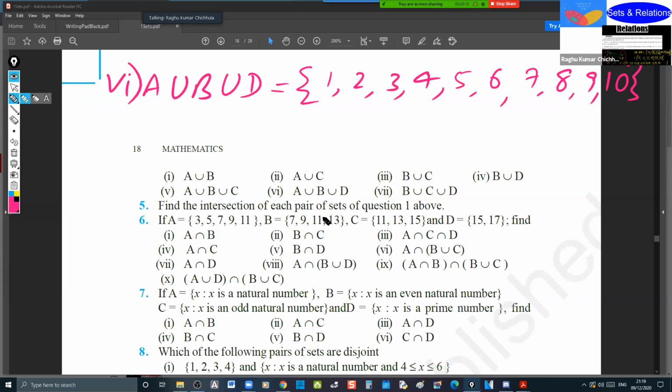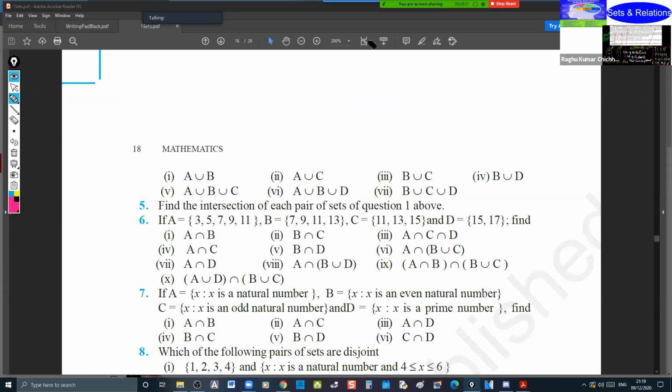Find the intersection of each pair of sets of question 1 above. That we did already. It is a simple question. So let us write.